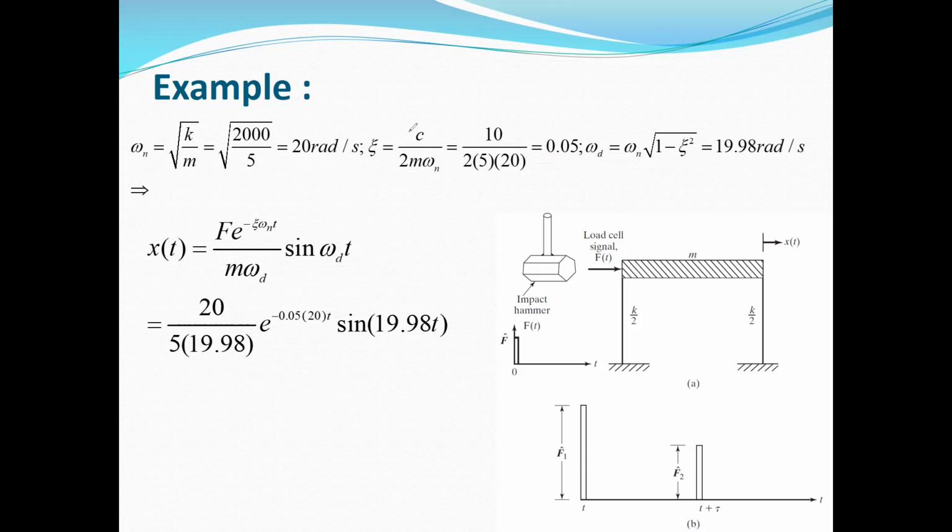And today we will discuss how we can expand this solution for a system with a general forcing, which is not periodic or harmonic, and we can use this equation to obtain the response subjected to the general condition.